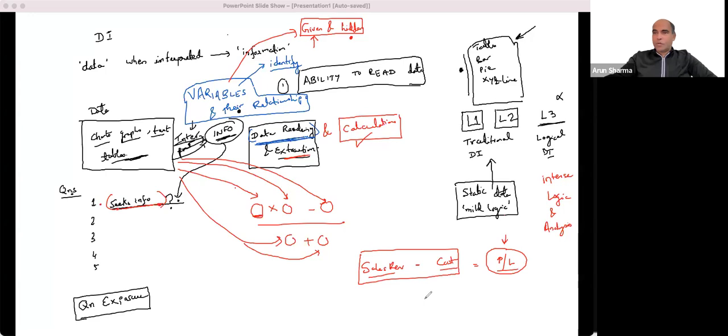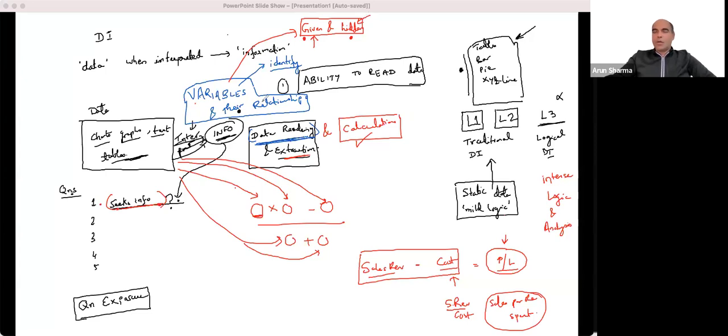There could be other hidden variables too: if you divide sales revenue by cost, you get sales per rupee spent. These kinds of variables start emerging from the two variables which are given. So when you identify the given variables in the question, the hidden variables are something you should be able to understand automatically.